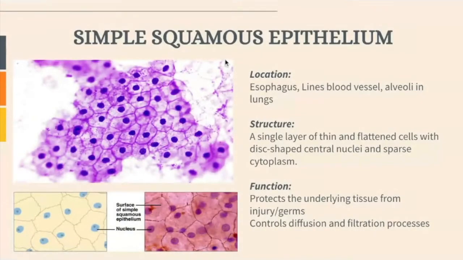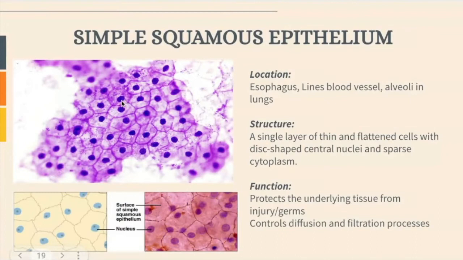Simple squamous epithelium. This is not an illustration, it's actually the real staining of simple squamous epithelium. It mostly lines the esophagus, blood vessels, and also the alveoli in the lungs. The structure is a single layer of thin and flattened cells with a disc-shaped central nucleus and sparse cytoplasm.